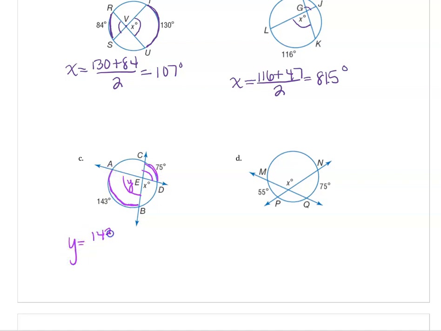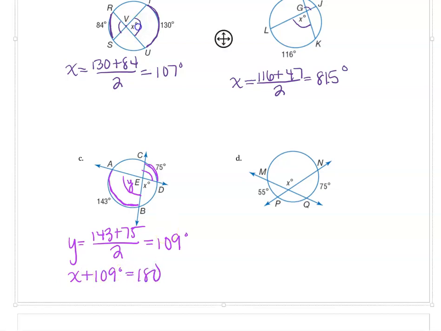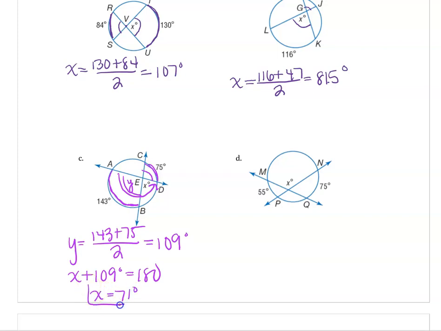So 143 plus 75 divided by 2, because it's the average of those arcs, and that would give me 109 degrees. Now we know angle X plus 109 degrees must equal 180, because those are a linear pair. So if I subtract 109, X would equal 71 degrees.